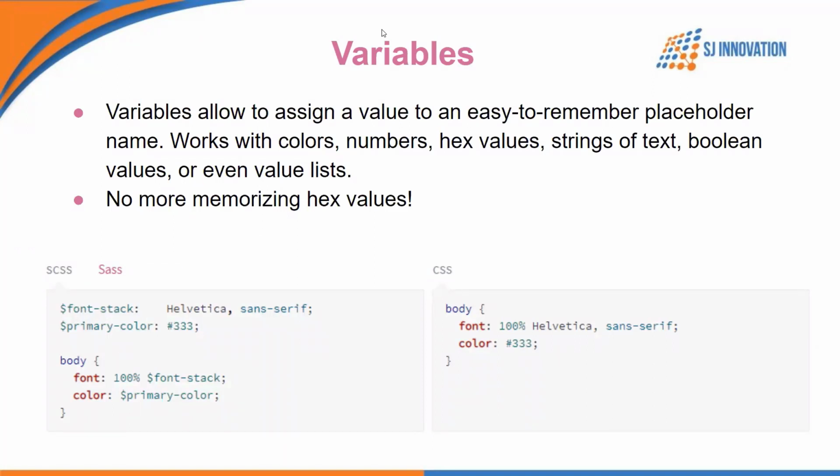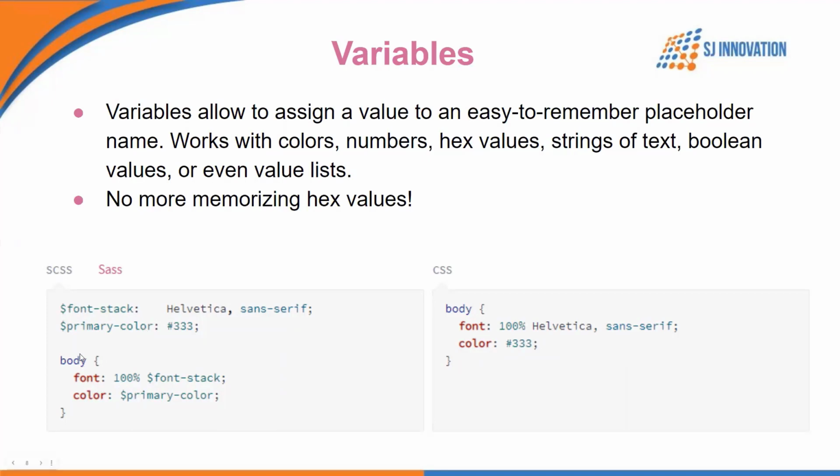Variables are a way to store information that you want to reuse throughout your style sheet. You can store anything like colors, numbers, hex values, strings or text, boolean values, or even value lists. Here in the example you can see we have used two variables, font stack for the font family and primary color for a color, and we have used them in the body.